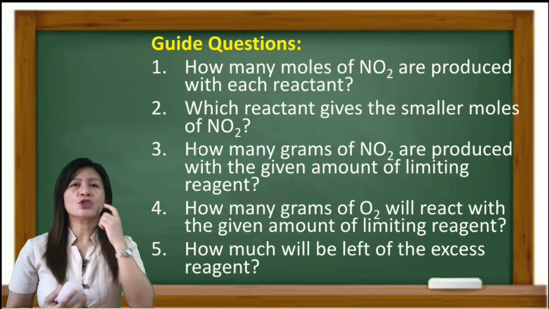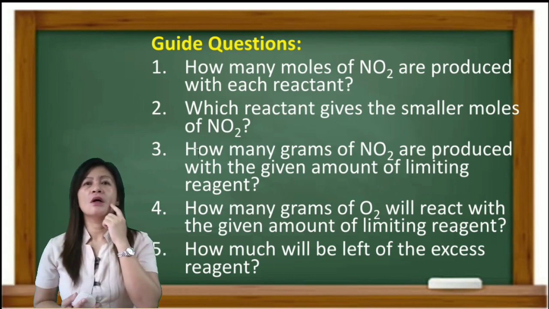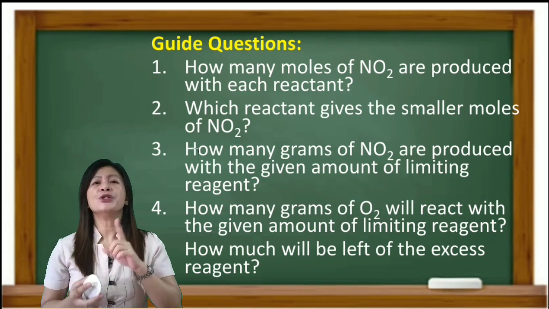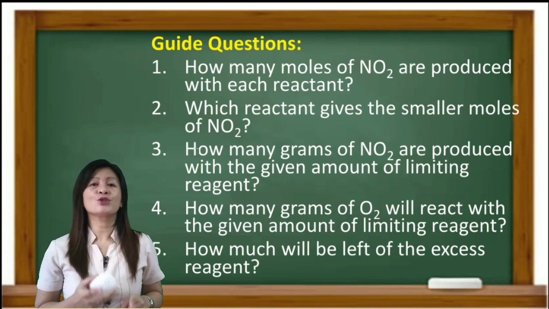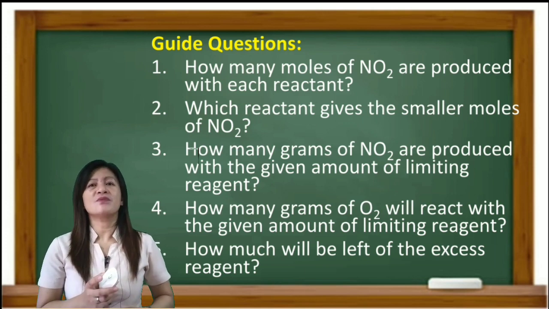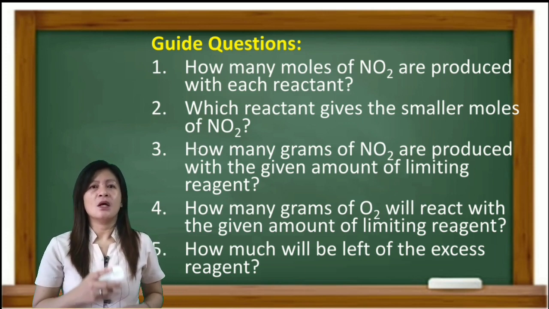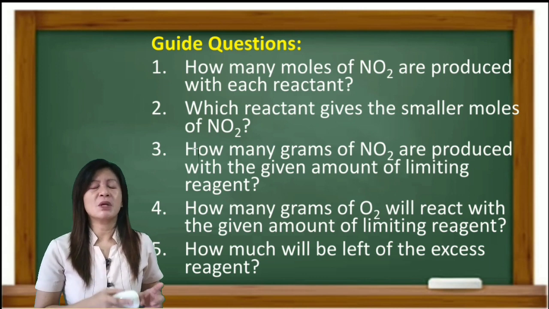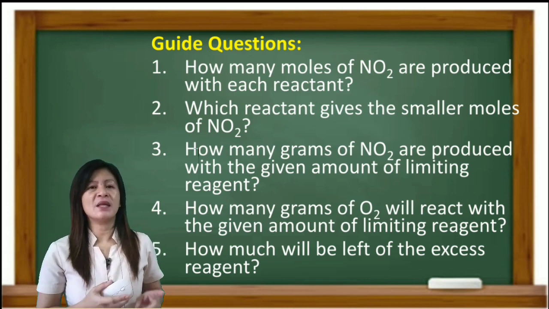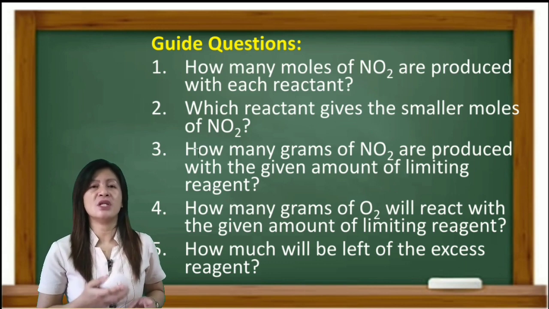Question 1: How many moles of nitrogen dioxide are produced with each reactant? Number 2: Which reactant gives us smaller moles of nitrogen dioxide, the product? Number 3: How many grams of nitrogen dioxide are produced with the given amount of limiting reagent? Because the amount of the desired product is dependent on the amount of the limiting reagent.